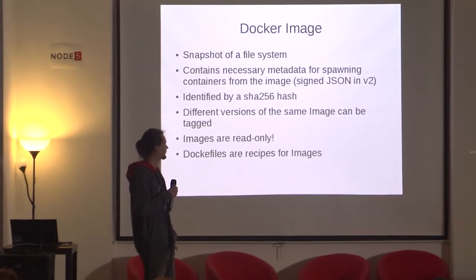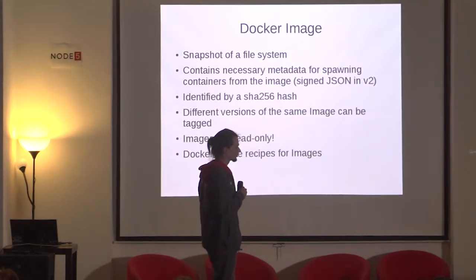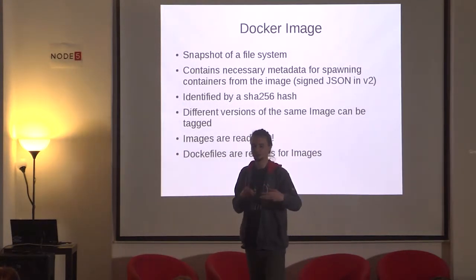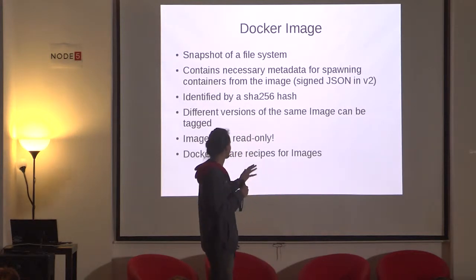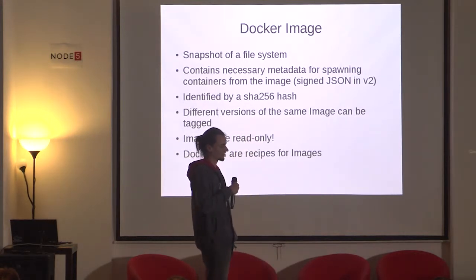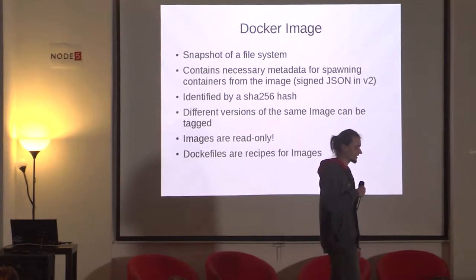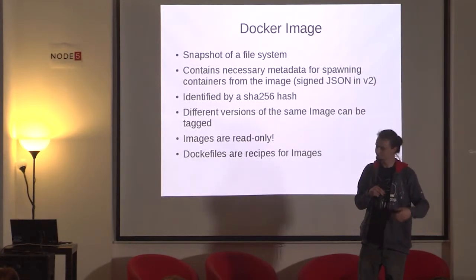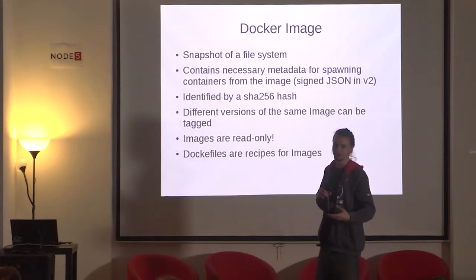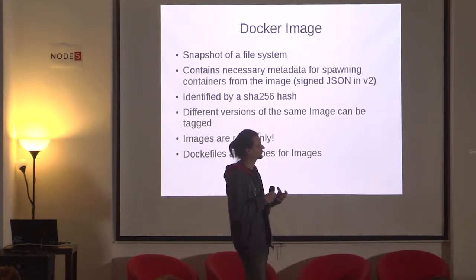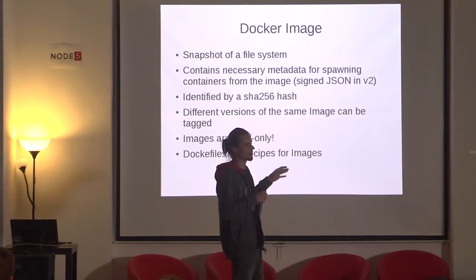The new format is distributed in a manifest that is just a signed JSON, and this manifest also contains the name of the image and the tag at the given point in time, because the tag is a rather non-deterministic thing in the world of Docker. You can tag one image with a certain tag, and then later on you decide that you want a different image with the same tag. So you can retag them, but the consumers of your images do not know about it, so they cannot rely on the tags.